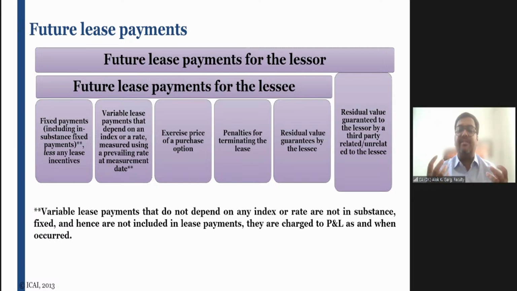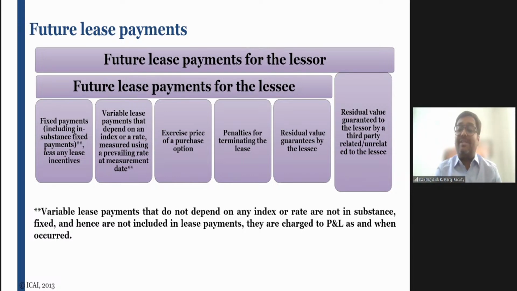The lessee has to reassess the lease term due to these two concepts. Okay. Now coming back to the new concept of lease payment. Friends, in AS 19, you must have heard the term minimum lease payments, MLP. In Ind AS and IFRS, the term is future lease payments, FLP, right? So the concept is almost the same, but there the word is minimum lease payment, and here the word is future lease payment.